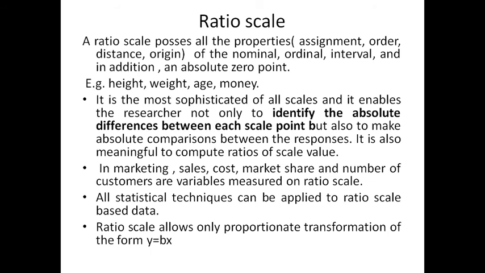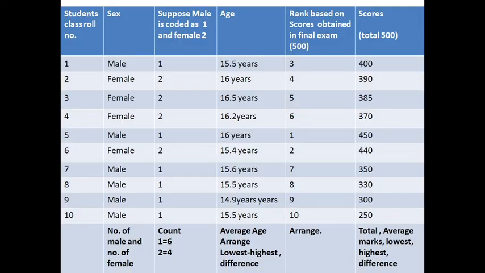Now, ratio scale allows only proportionate transformation of the form y = bx. So this is in statistical language. Now see the table. Again repeating: the student's class roll number is nominal scale, then the gender of the student is nominal scale, then the coding allotted to different types of gender is again nominal scale.